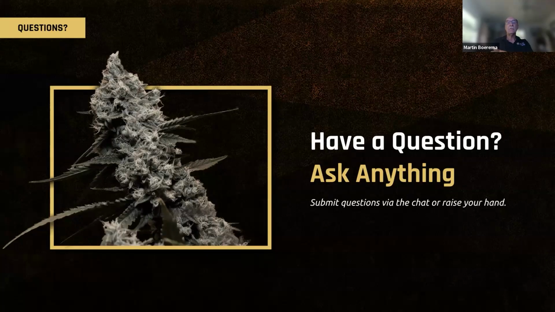If you have 1,000 micromoles of top light, and the spectrum consists of 50% red at 660 nanometers, then that red level would be at 500 micromoles.